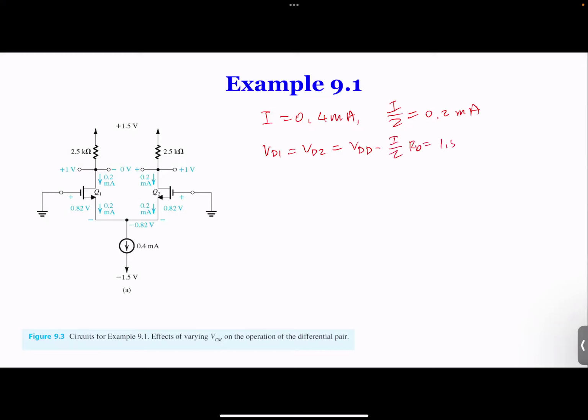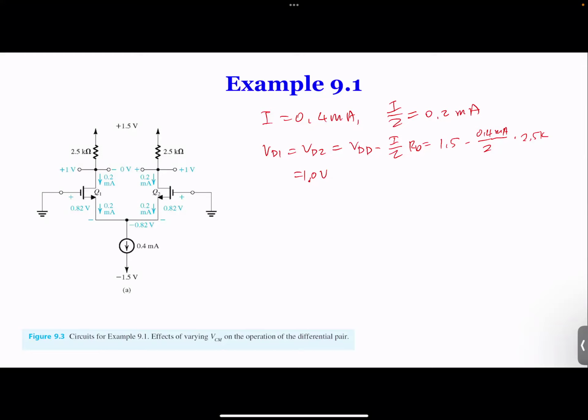VDD is 1.5 minus 0.2 milliamps times 2.5K. So in this case, 0.2 times 2.5, which is 0.5. So you get VD1 equal to exactly 1 volt.